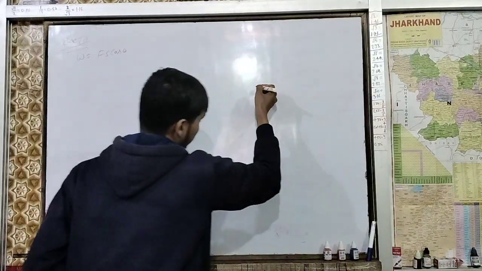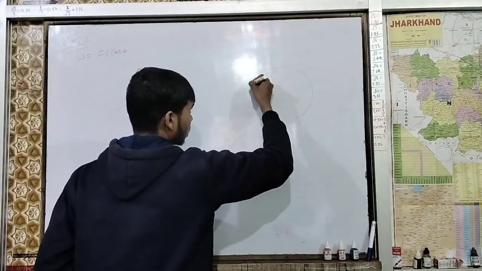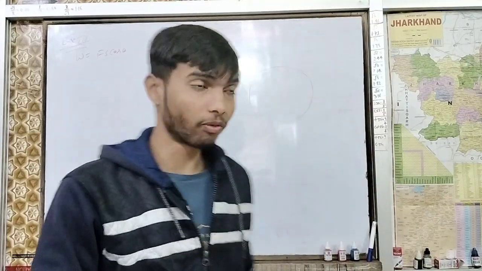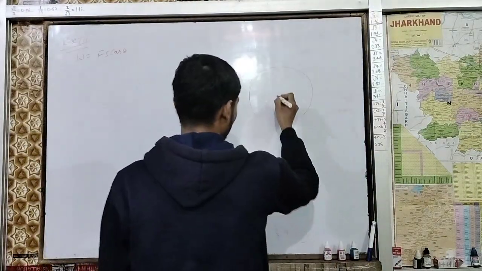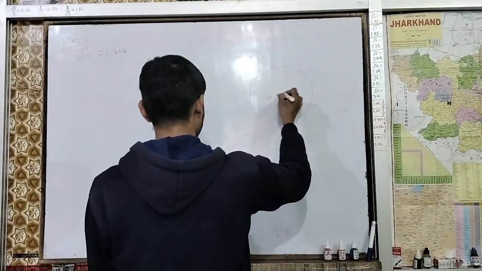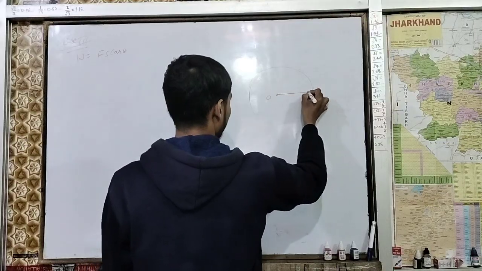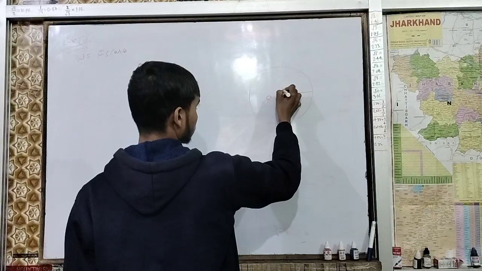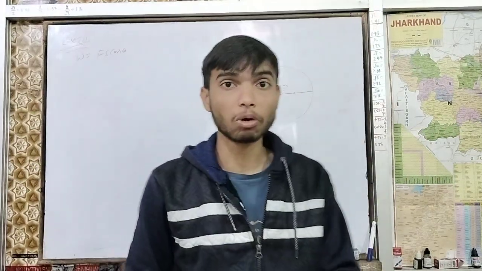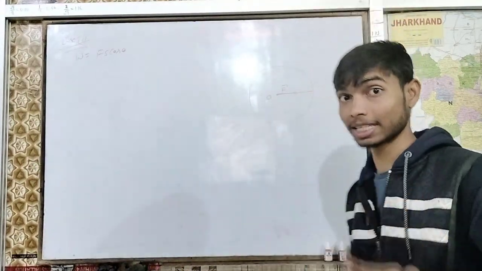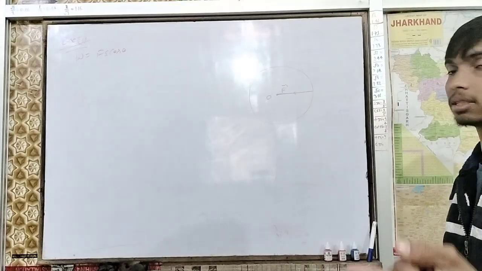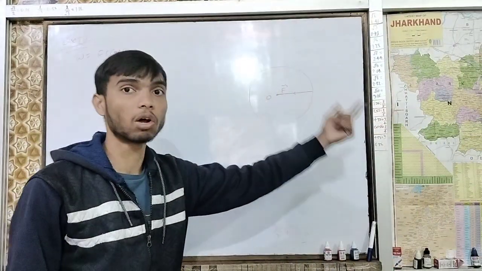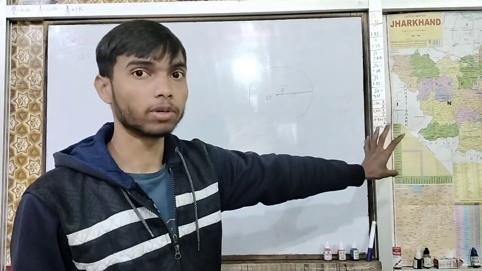We have a circle. Right now, whatever I will share with you will be fact. This is known as the center O, and over here we have the radius. So F is in this direction. This radius is a force which is known as a centripetal force. We will see it later in a separate chapter, but right now just understand this.